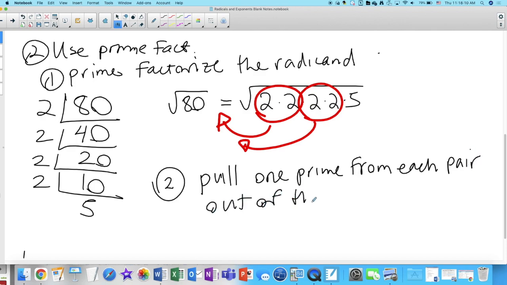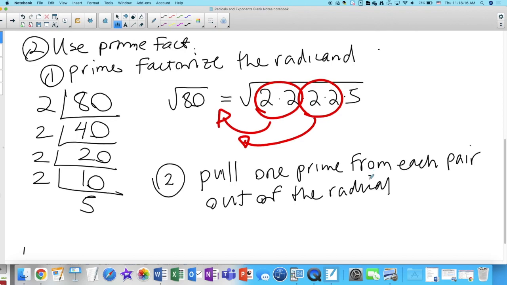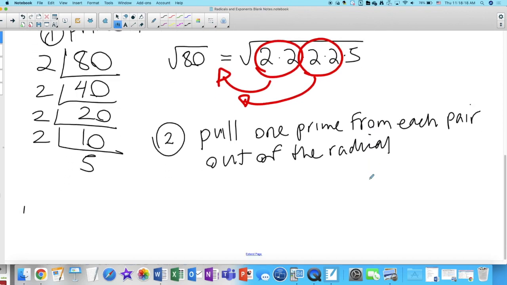What you're going to get is 2, because there's one pair of 2s, and then another 2, because there's another pair, and then what's left over is anything that doesn't pair up, and that's the 5. So this is going to be 2 times 2 is 4 square root of 5.